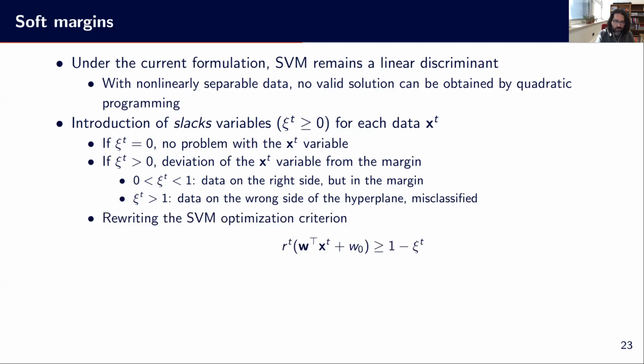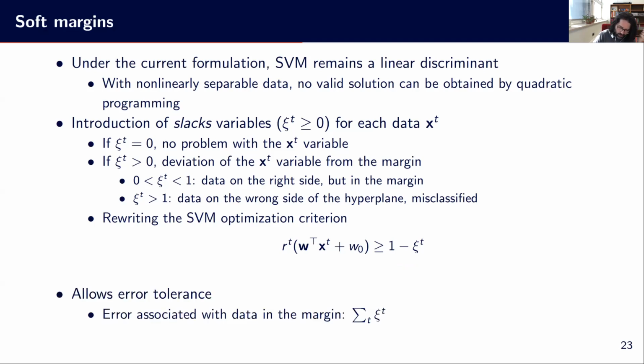So for doing this, we are rewriting the SVM optimization criterion. We are getting a new criterion where the previous version was without this term here. So now we are adding 1 minus ξt, which gives us some capacity to tolerate data in the margin or directly misclassified.